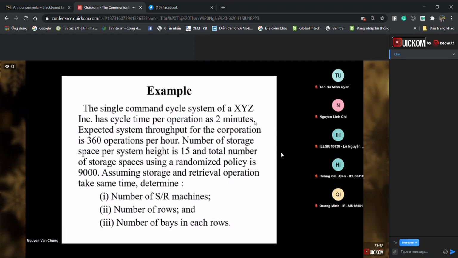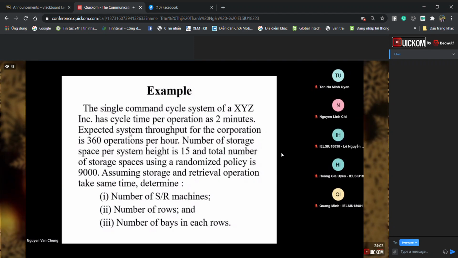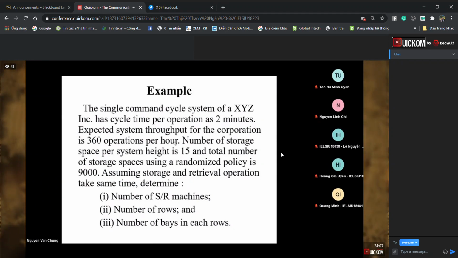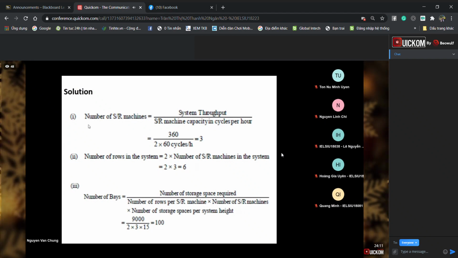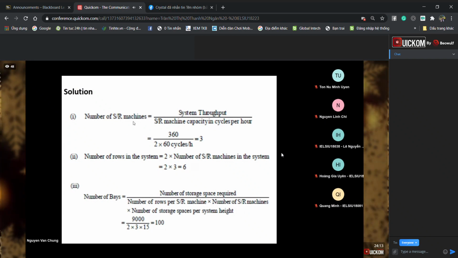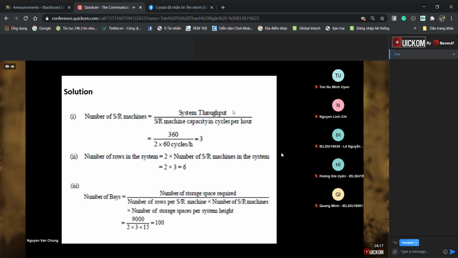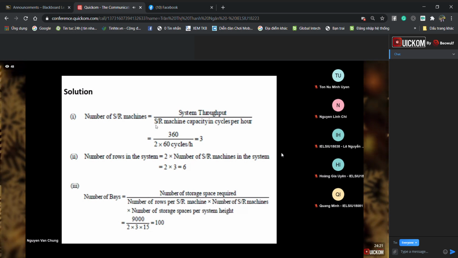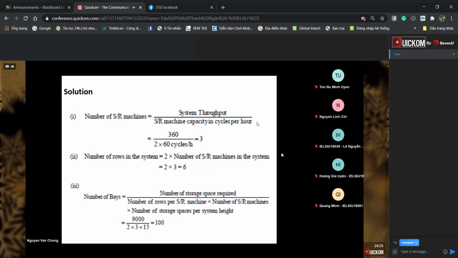Okay, and then you have the system's throughput here, in operations per hour. Now the number of ASRS machines equals the system's throughput divided by the ASRS machine's capacity in cycles per hour.